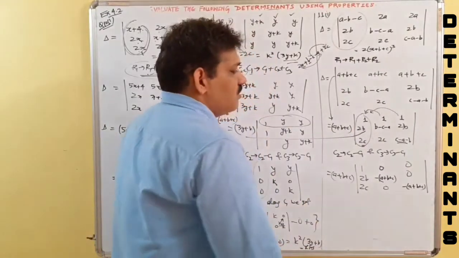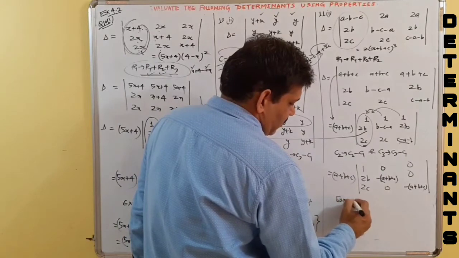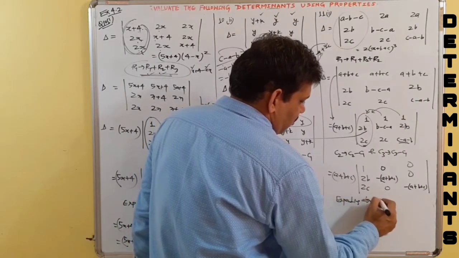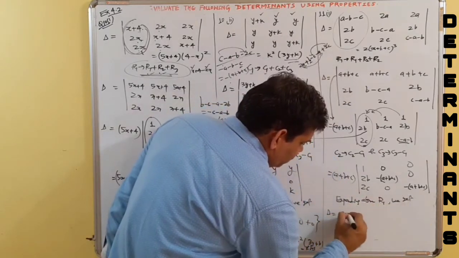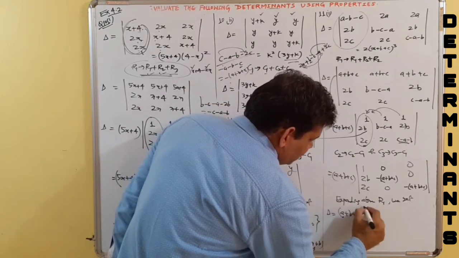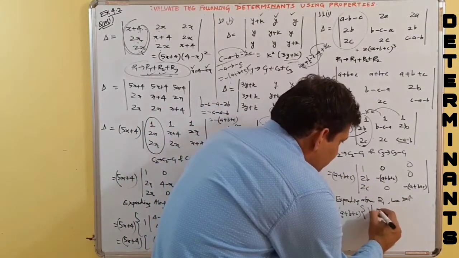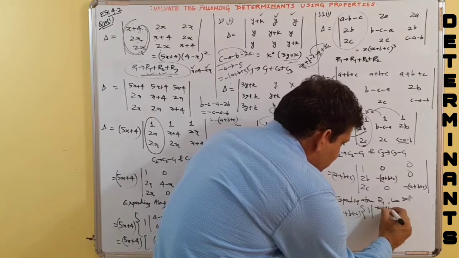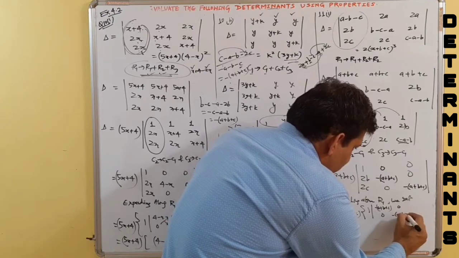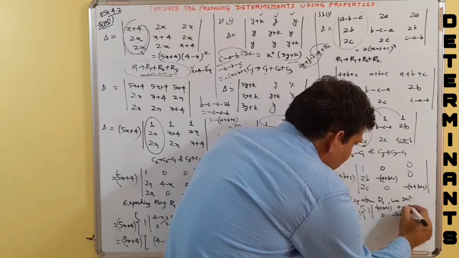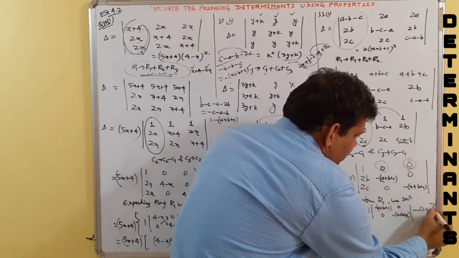Right? Now, since we have got 2 zeros in R1, expanding along R1, we get delta equal to (a + b + c) times, put a bracket, 1 times this determinant, minus (a + b + c), 0, 0, minus (a + b + c), minus 0 times of something is 0, and 0 times of something is 0.